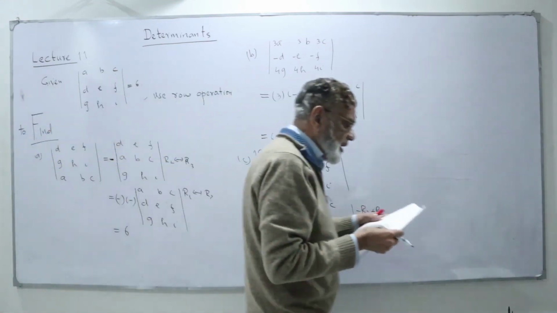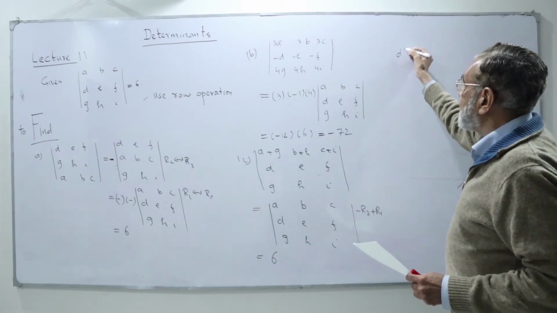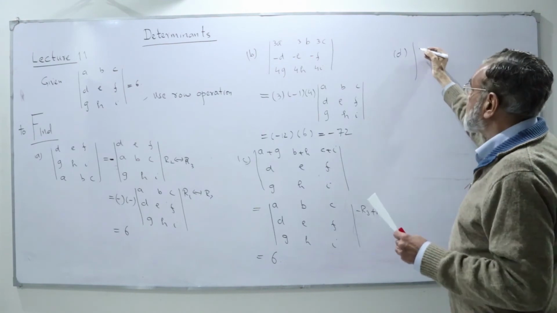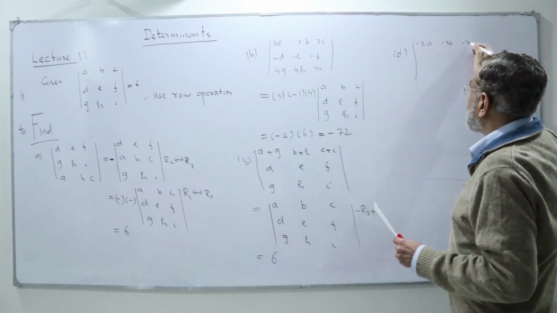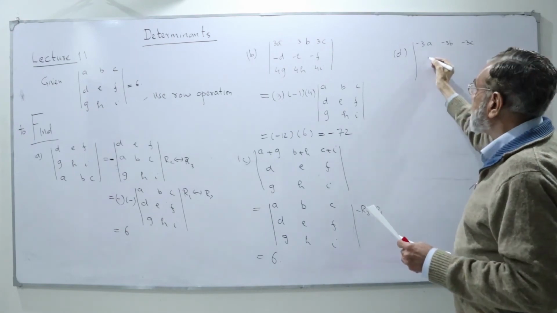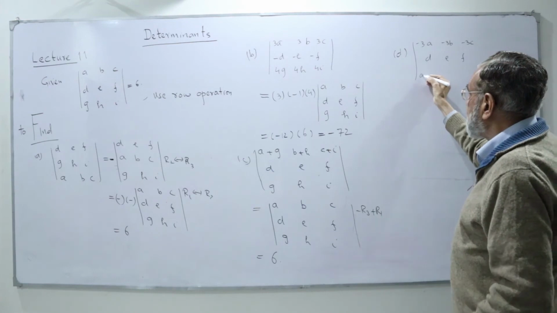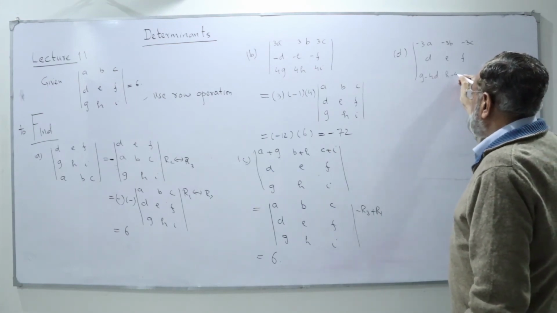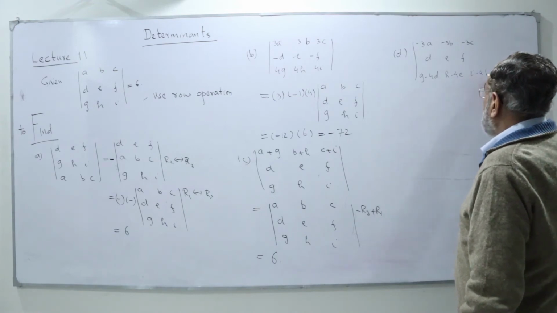I take one more part of this example, that is D, and we are having here the determinant given to us. To find is minus 3a, minus 3b, minus 3c. I am having here D, E, and F, and the last row is G minus 4D, H minus 4E, and I minus 4F.